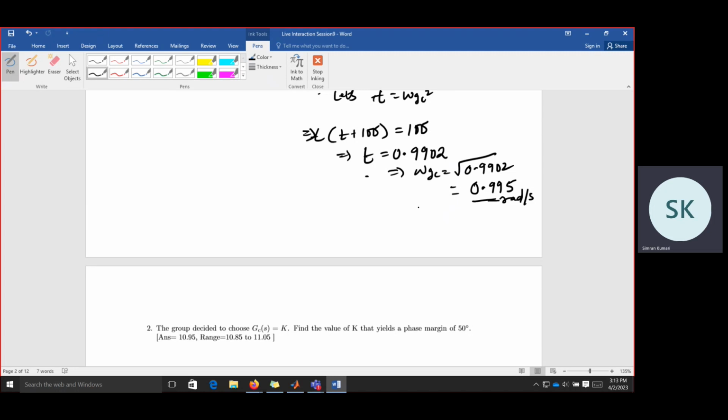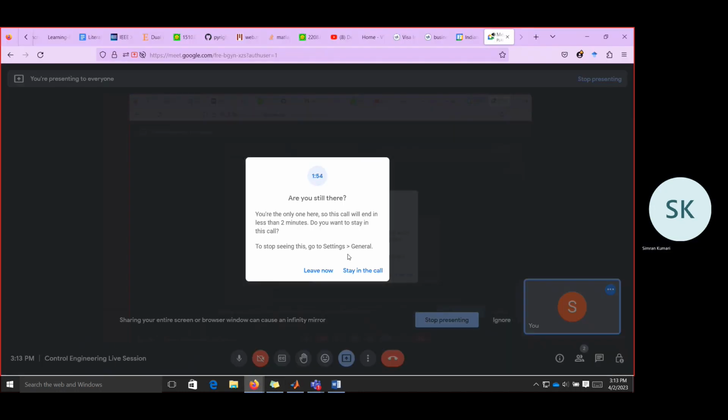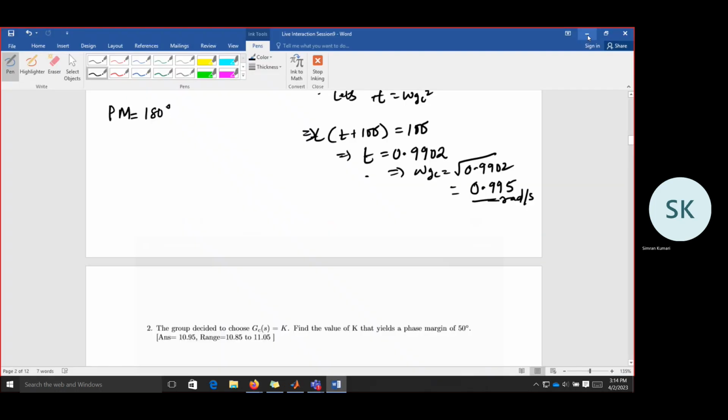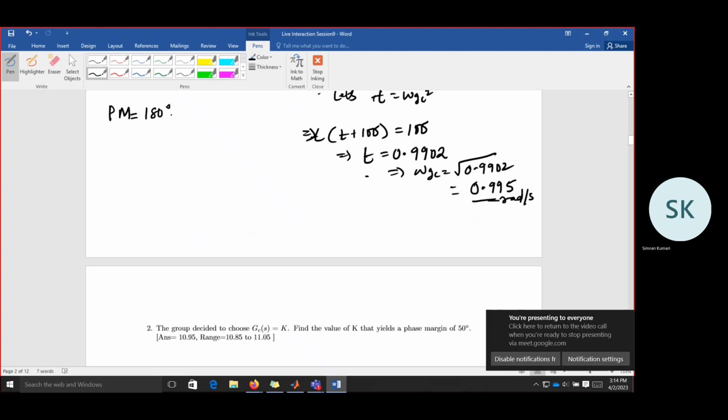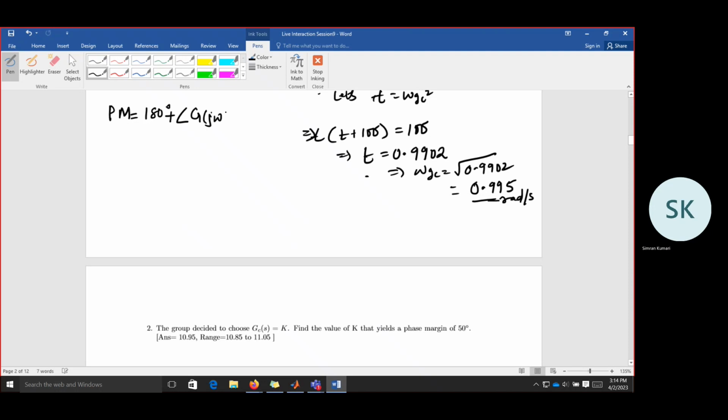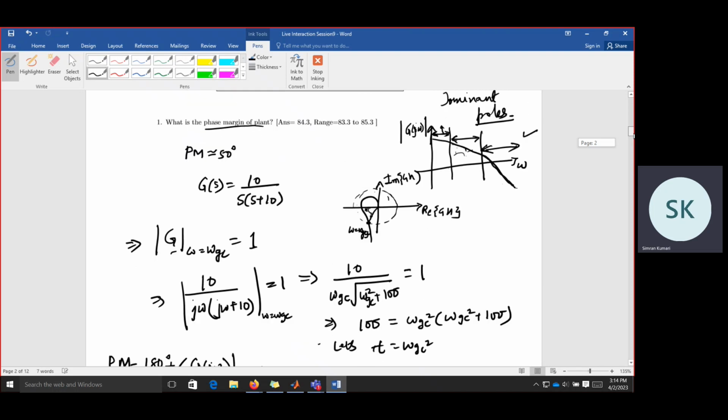Now we need to find the phase margin. For this, just apply the formula of phase margin. This would be 180 plus angle of G at omega equal to omega GC. So this will be 180, and what is the phase angle contributed by G of j omega?